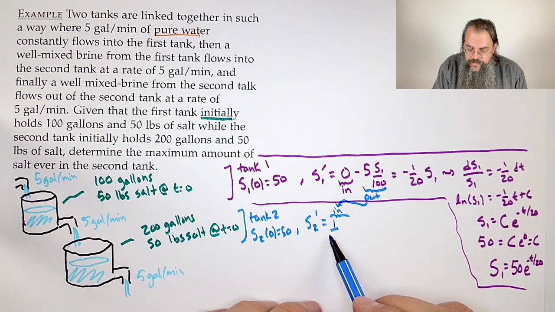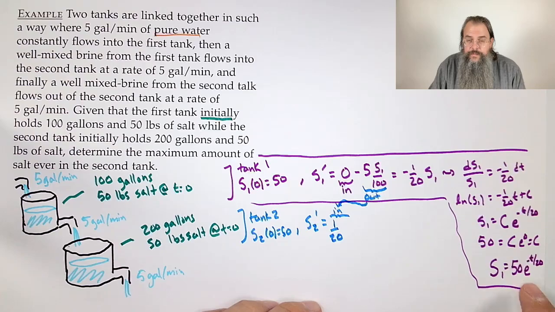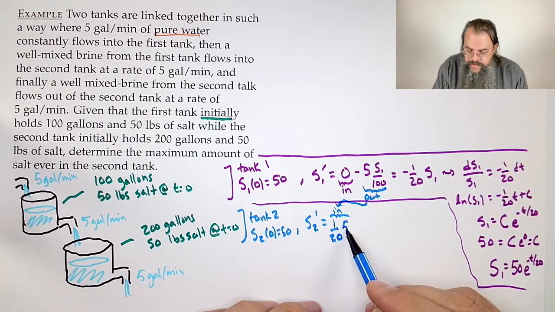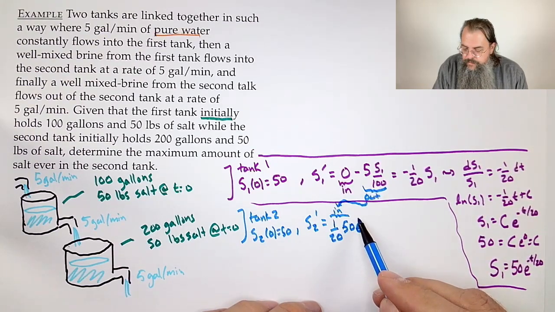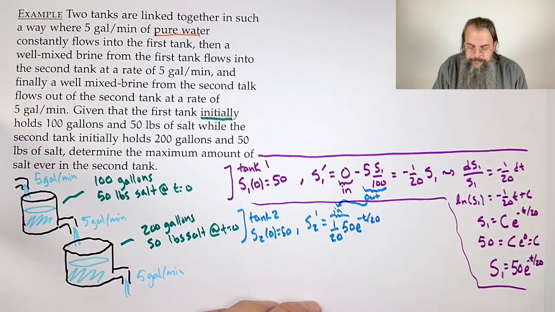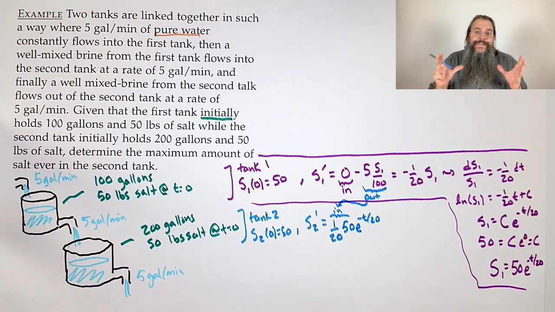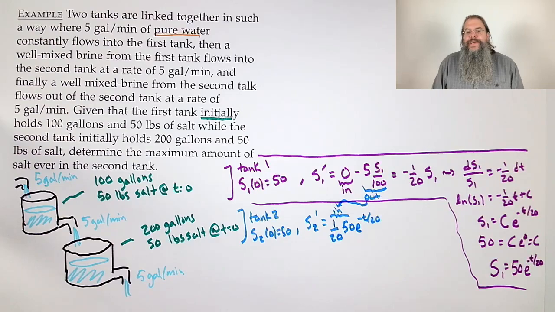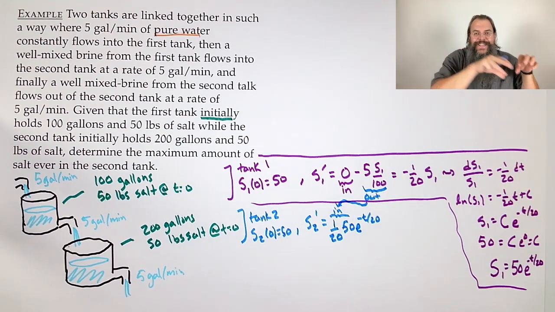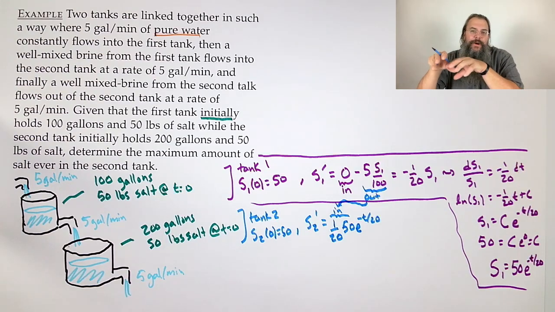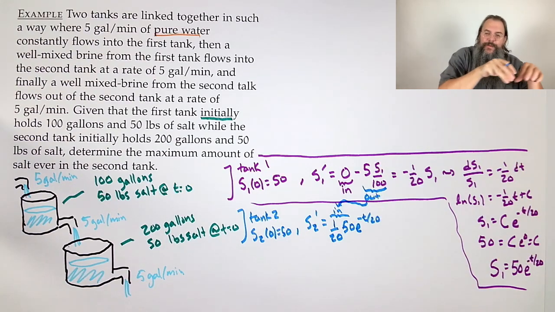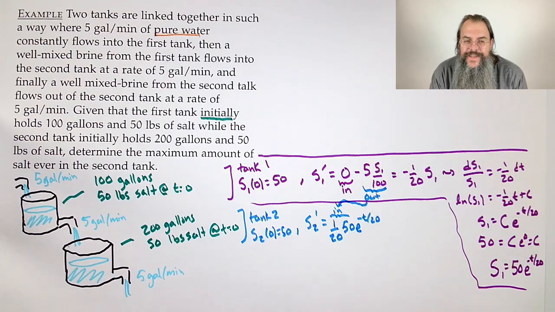This is 1 over 20. And then we multiply it by 50 e to the minus t over 20. That is how much flows into our tank. See? Because they're connected together. The amount of salt leaving the first tank has to be the amount of salt going into the second tank.